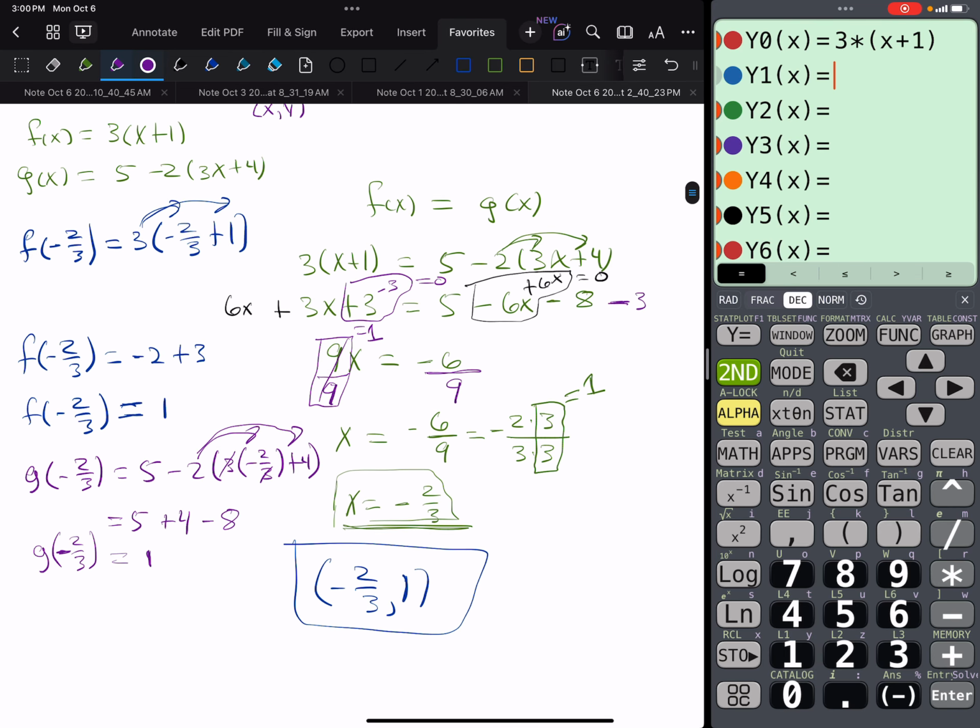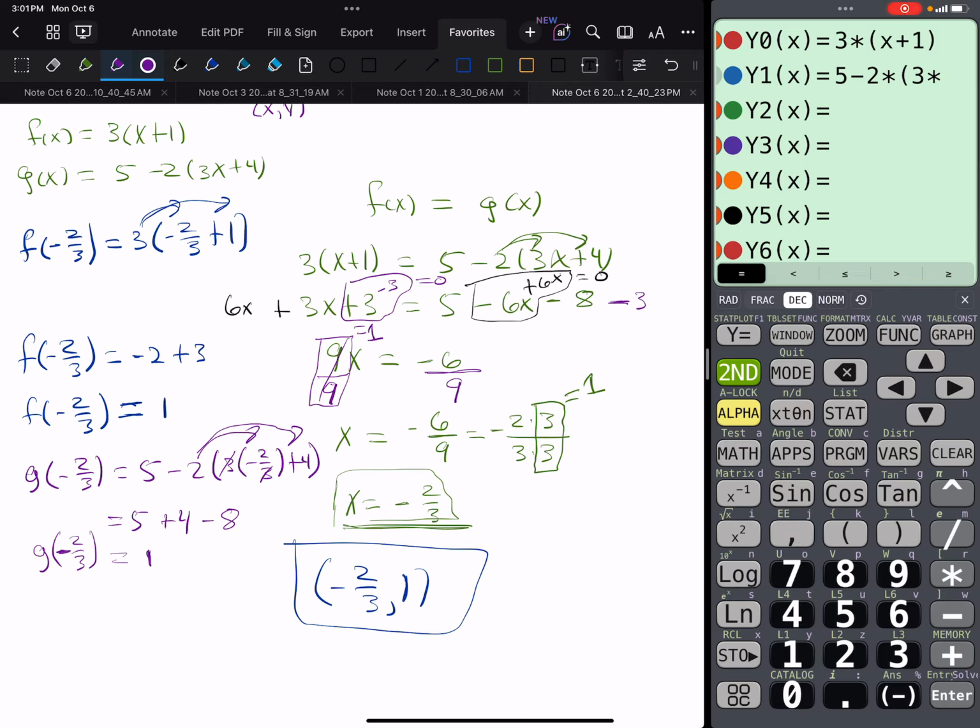All right, and so now let's type in my 5 minus 2, and then we'll do times, open the parentheses, 3 times my x, and then plus 4, because that was 5 minus 2 times 3x plus 4. Yes, that was my function 2.